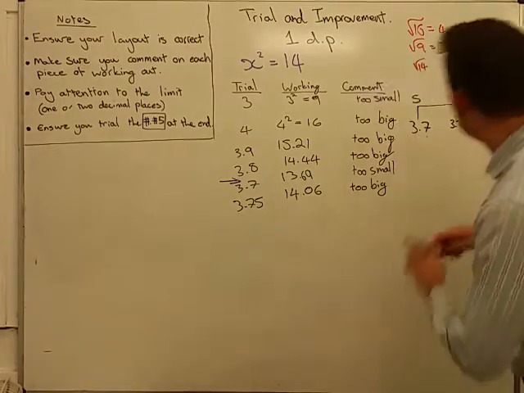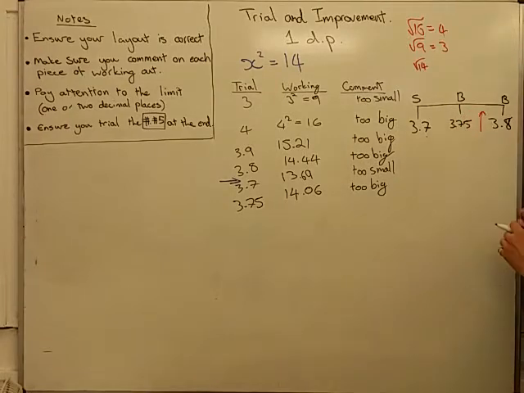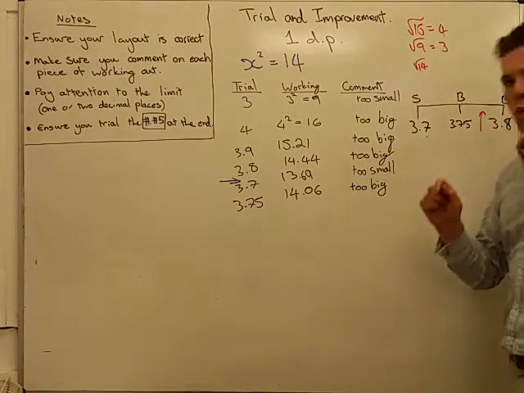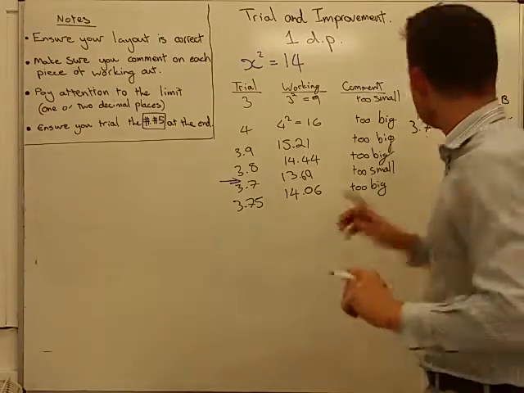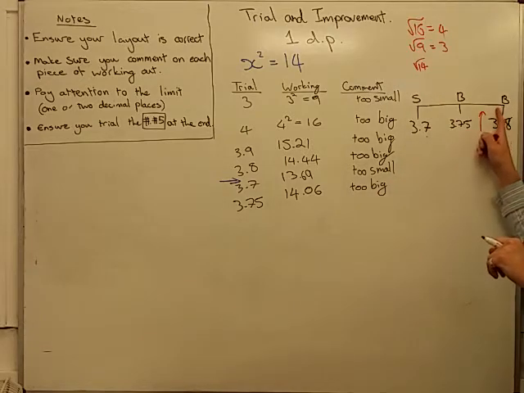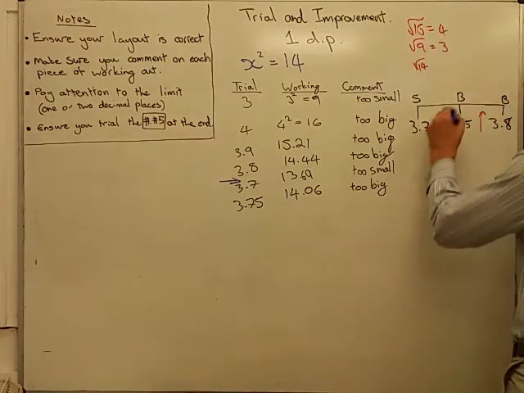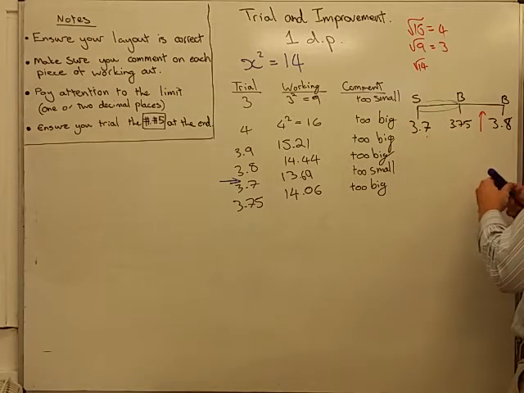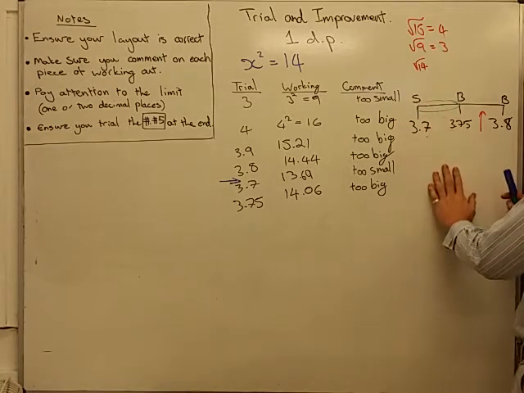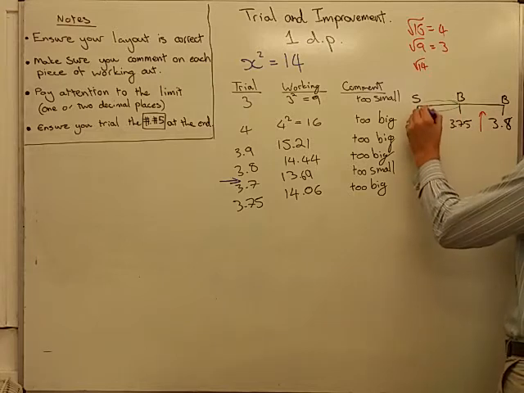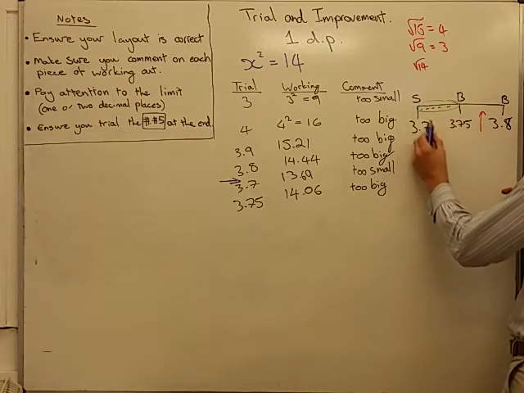Now, if my answer was sitting somewhere here, and I only wanted to round to 1 decimal place, it doesn't actually matter where it's sitting here, because as long as it's bigger than 3.75, it will round to 3.8. However, if it's sitting over here, somewhere on this side, it also doesn't matter where, because any number in here is going to round to 3.7.